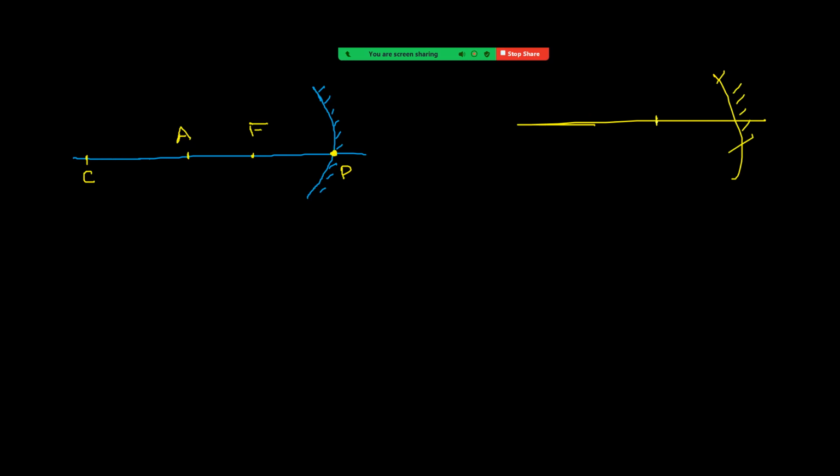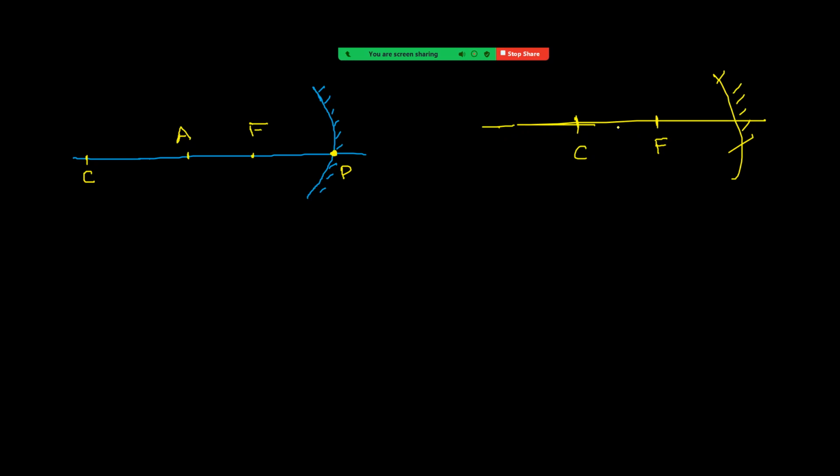When we have the object in between F and center of curvature, the image will be beyond center of curvature. I am repeating, if the object is in between focus and center of curvature, the image will be beyond C. That means left of C. If the object is left of C, the image will be right of C.